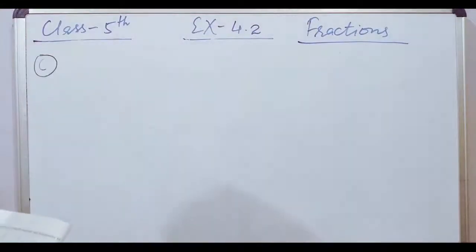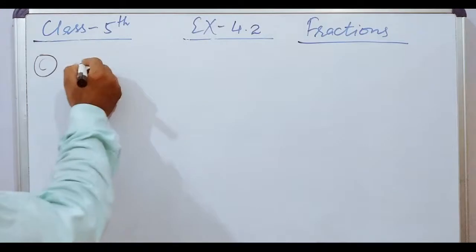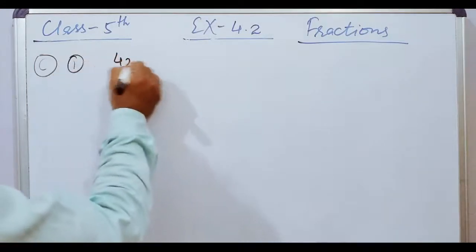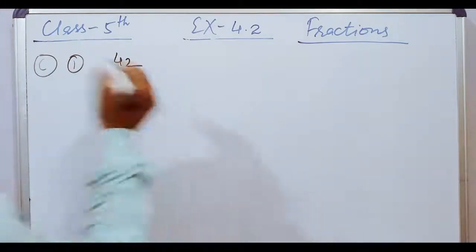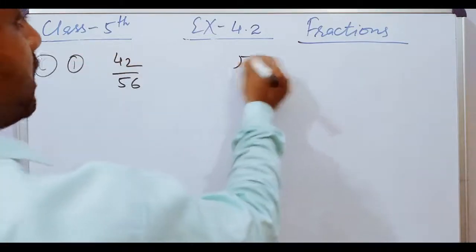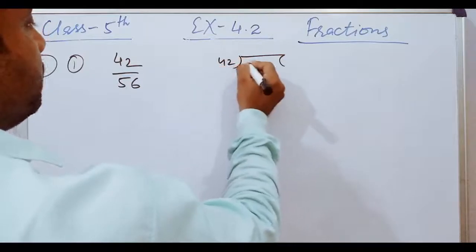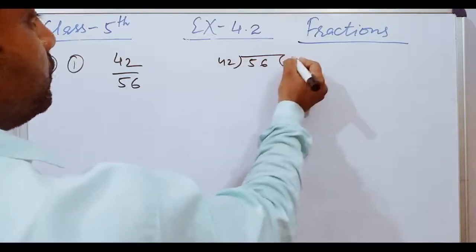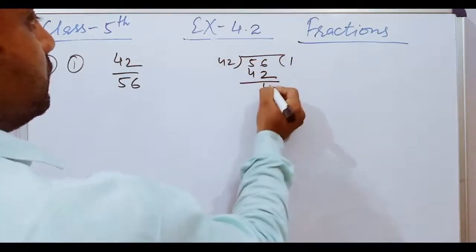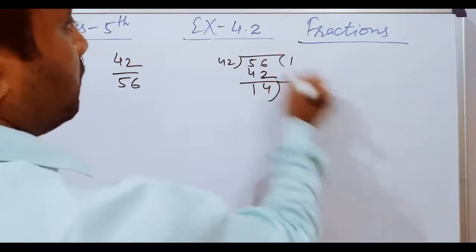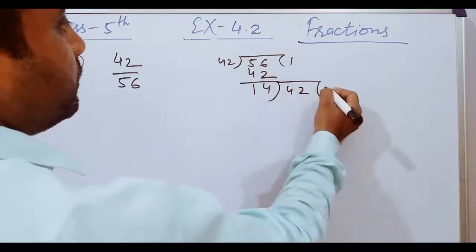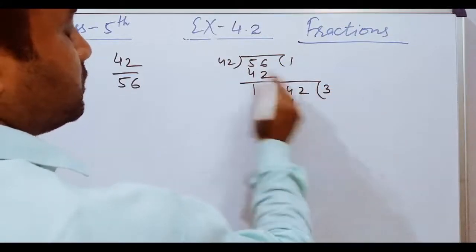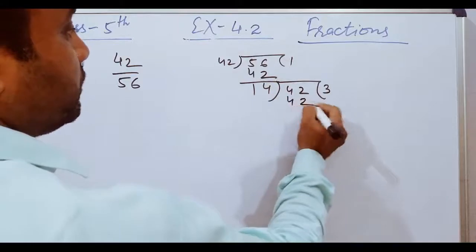Okay. Reduce to the lowest term by dividing numerator and denominator by their HCF. Question number 1. 42 upon 56. Now, dear student, we have to find the HCF of 42 and 56. How? 42 you write outside, 56 inside. 42 inside. 14 3s are 42.